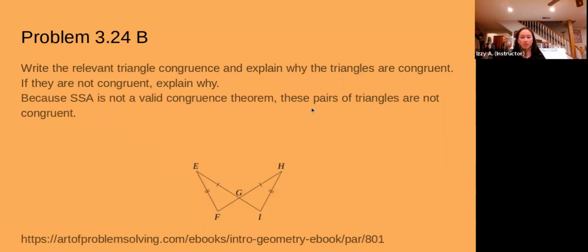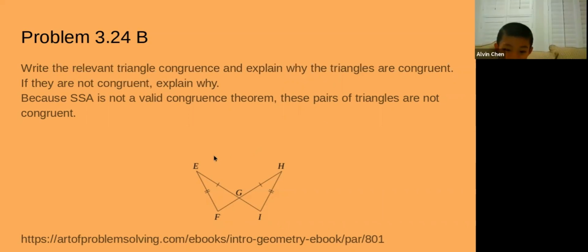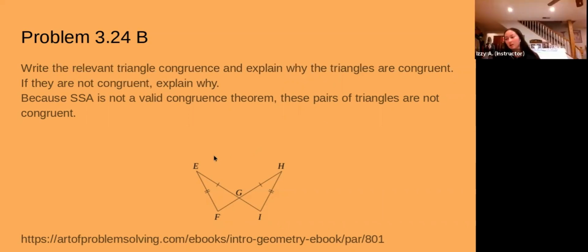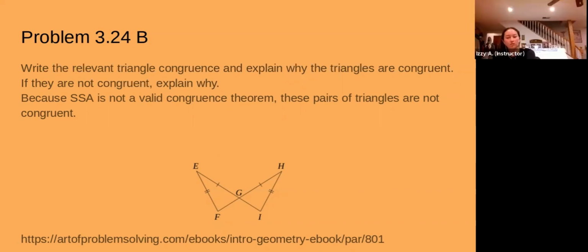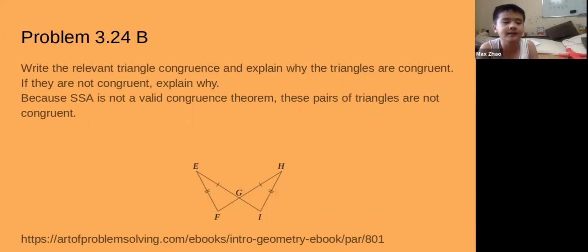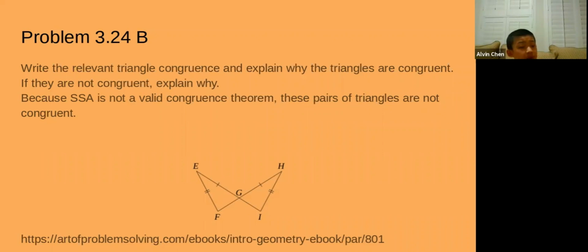SSA would be side-side-angle. But there's SAS. Where do you get SAS? There's no angle. You can't prove that angle E and angle H are the same.